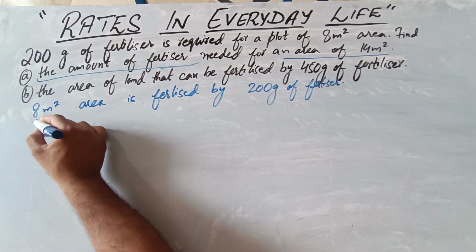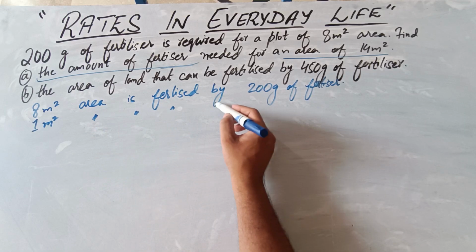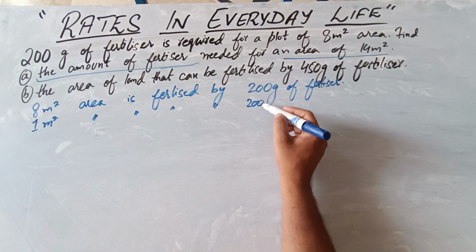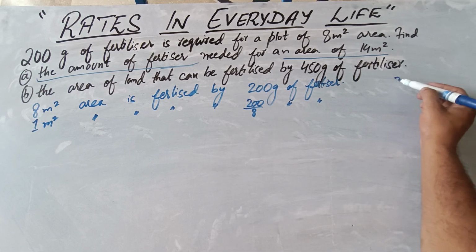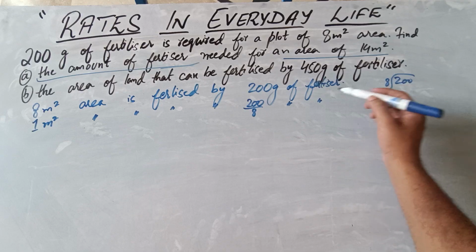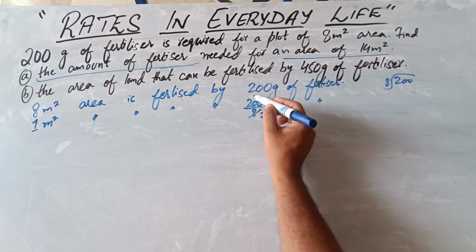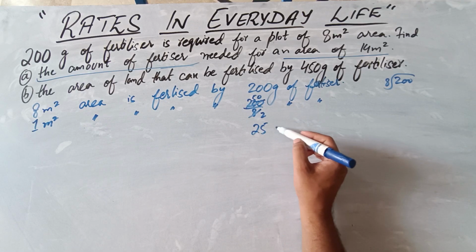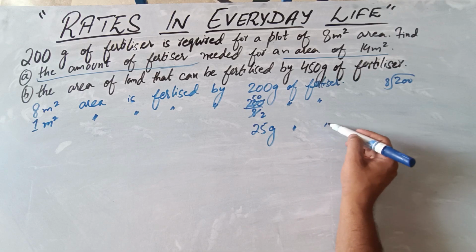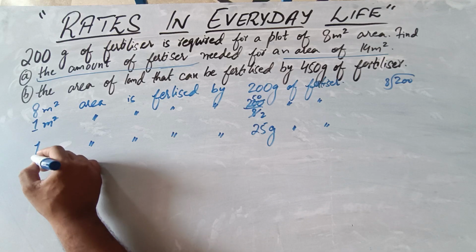Now we will find out for 1 meter square: the area is fertilized by 200 grams divided by 8 of fertilizer. So 200 divided by 8, you can do the cancellation as well. 4 2s are 4, 5s are 20, 0 as it is, then 25. So 25 grams of fertilizer is needed for an area of 1 meter square.